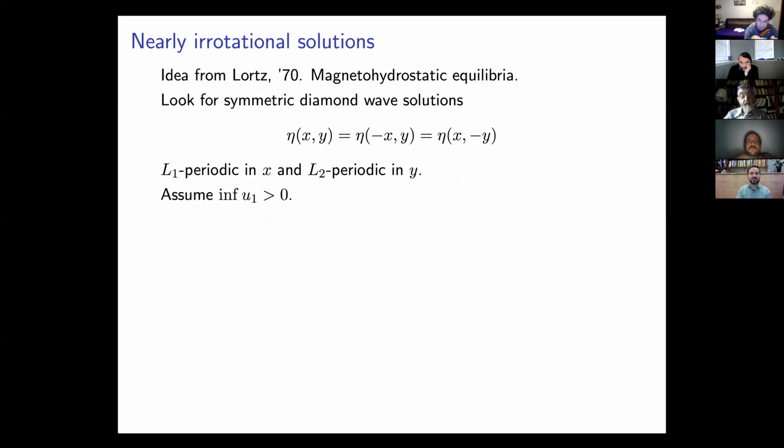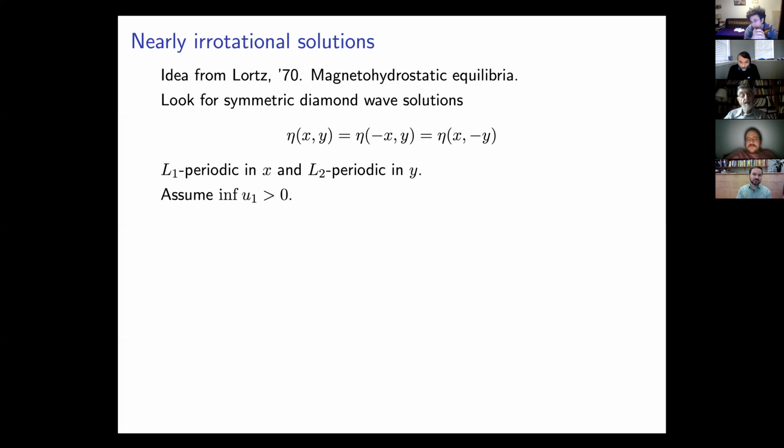And so these are in the other situation I mentioned, if we go back to Arnold's result, where the Bernoulli function is not constant. And this means that you have this sort of foliation of the domain into invariant sets, invariant surfaces. And to construct these solutions, we used an idea from Lortz, from a not that well-known paper in German, for magnetohydrostatic equilibria.